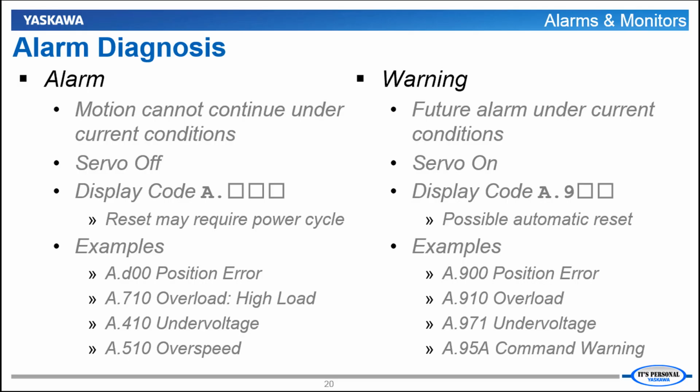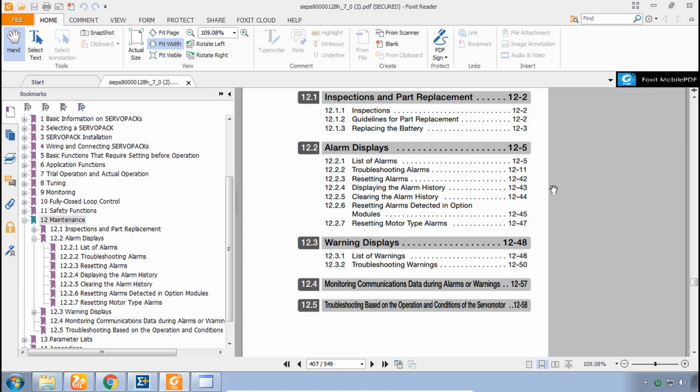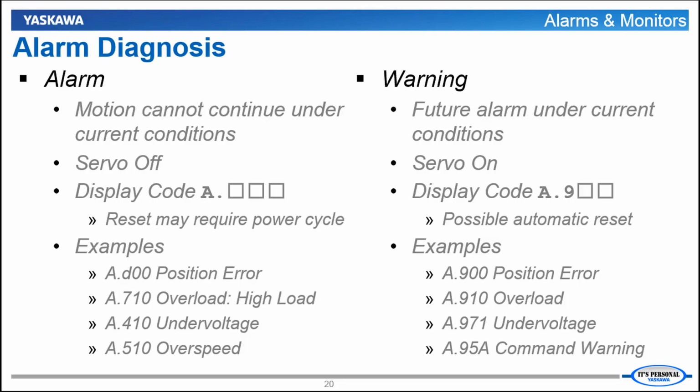When troubleshooting Yaskawa servos and looking at these codes, it's important to understand the difference between these terms, alarm and warning. This distinction can be seen in the maintenance section of the manual, with this division between alarm displays and warning displays. We use the term alarm to mean that motion cannot continue, and so the servo automatically turns off.